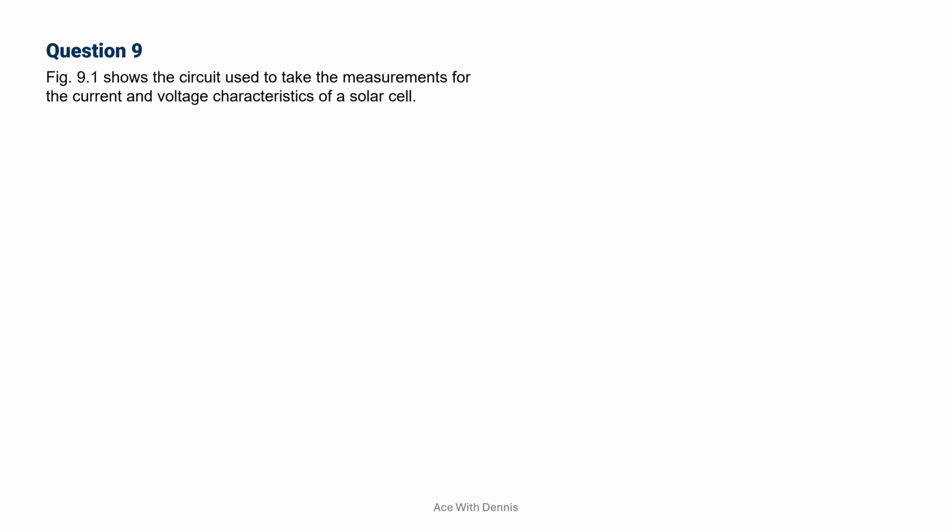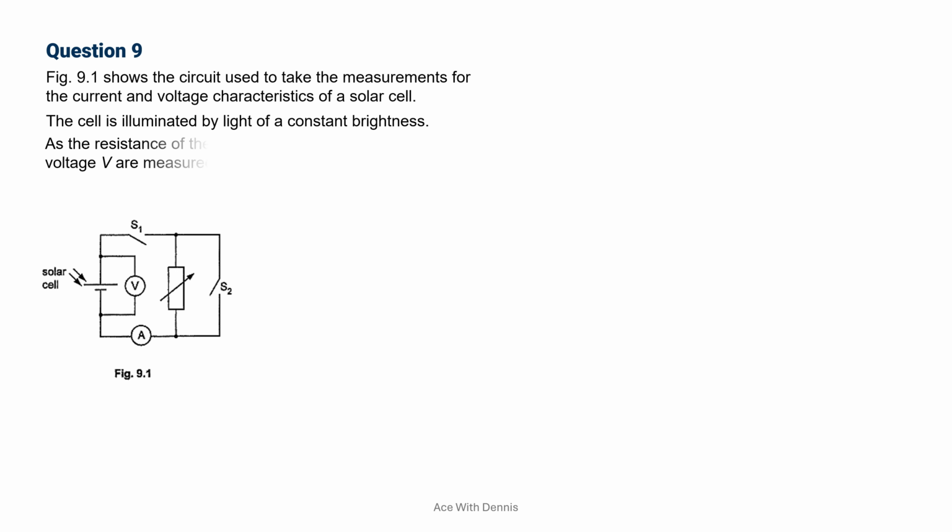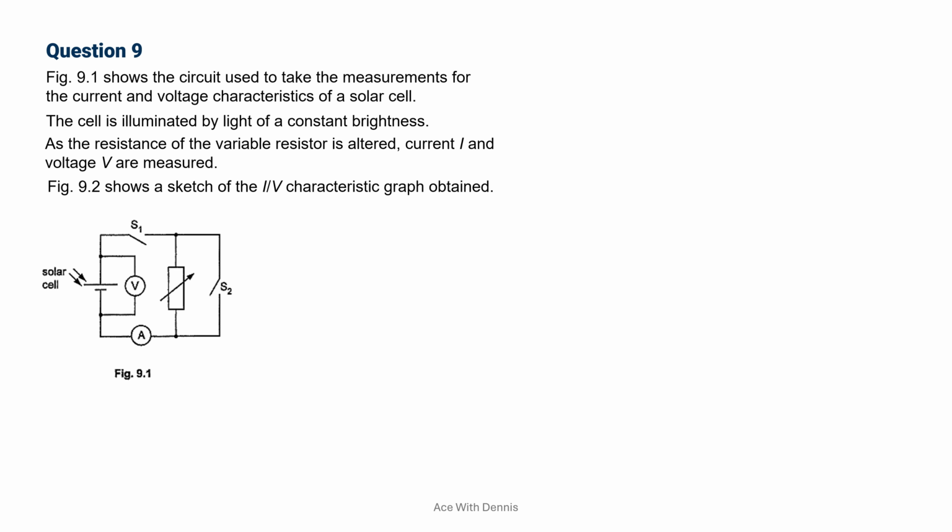Figure 9.1 shows the circuit used to take the measurements for the current and voltage characteristics of a solar cell. The cell is illuminated by light of a constant brightness. As the resistance of the variable resistor is altered, current I and voltage V are measured.